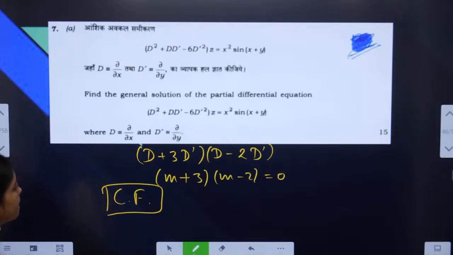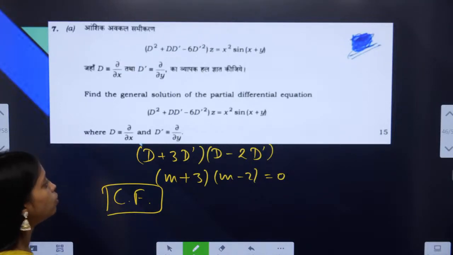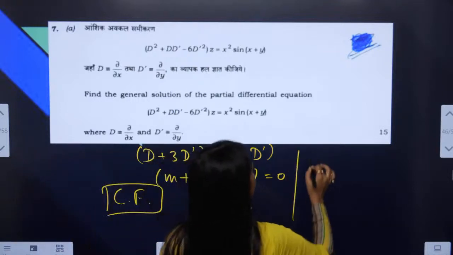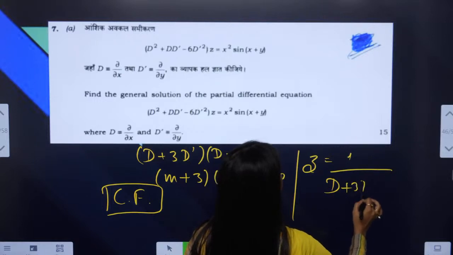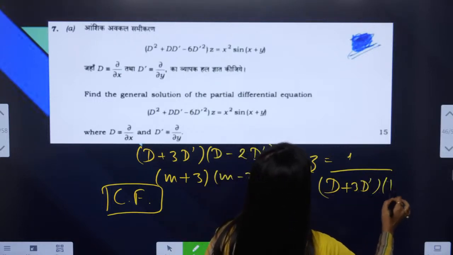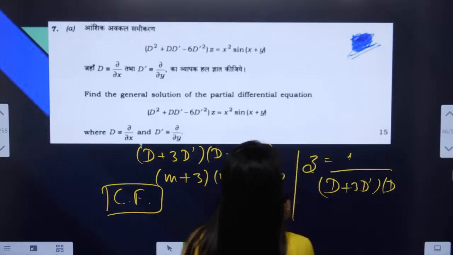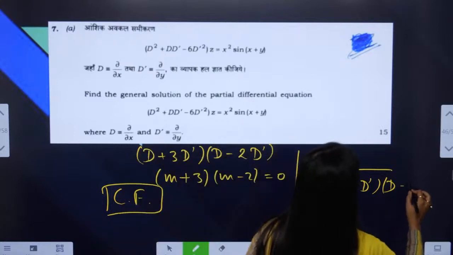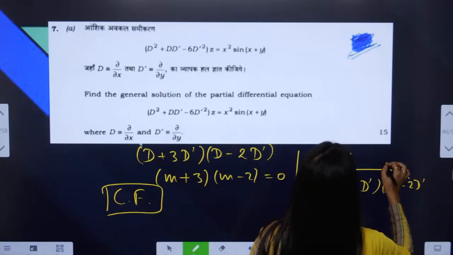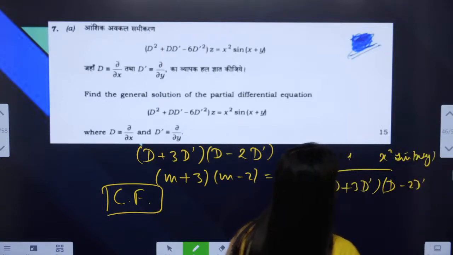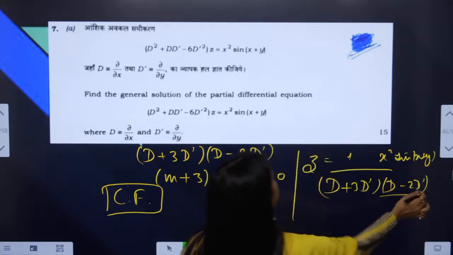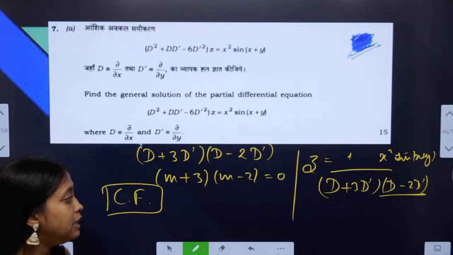Now, to get the particular solution, start by taking this D plus 3D dash, D minus 2D dash, and over here I have x square sin(x plus y). How can you operate 1 upon D minus 2D dash?